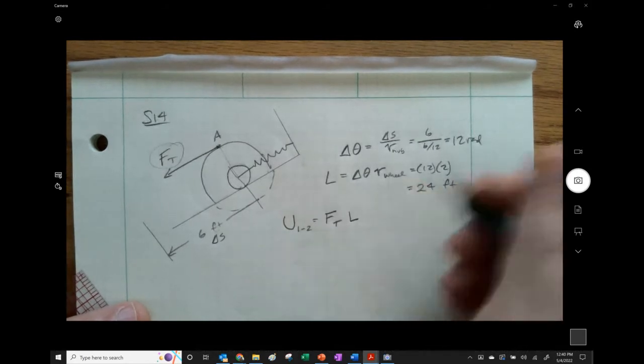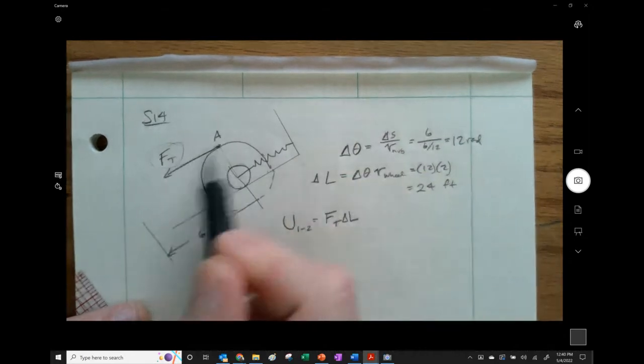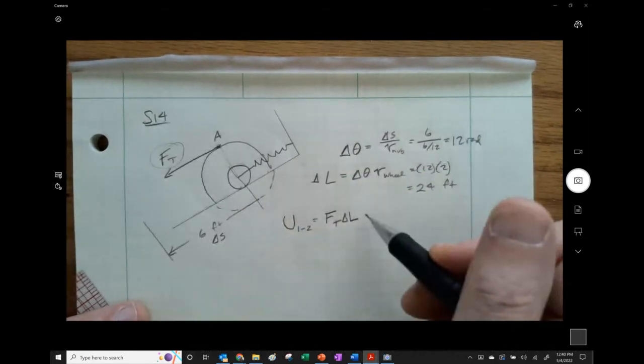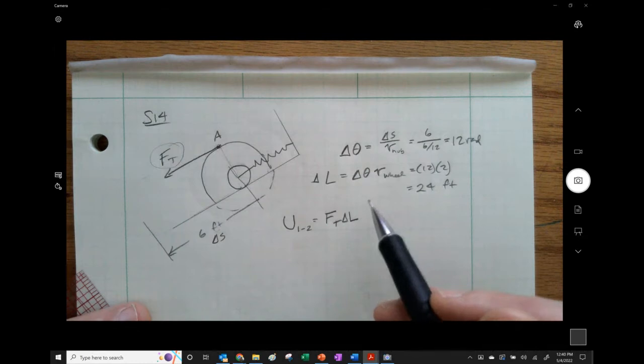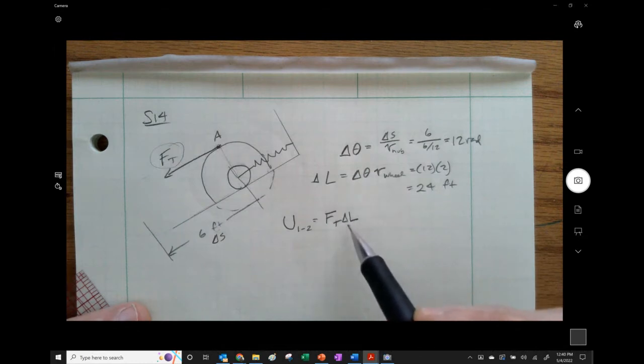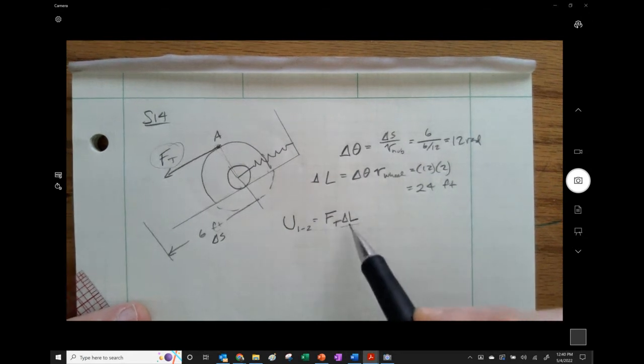Or delta L, I guess I decided to call this delta L. So let's go delta L, the change in length of this cable that would have to be unwound as we're coming through here. So I would actually tell you the truth, these days, let me think about this. I think I made a mistake right here.